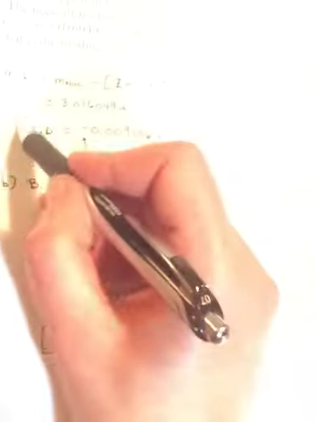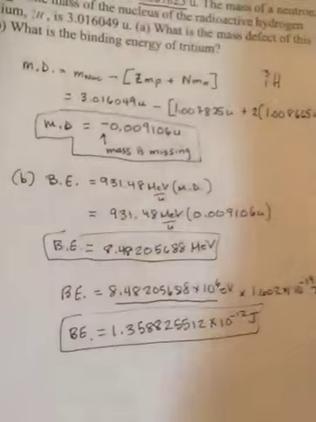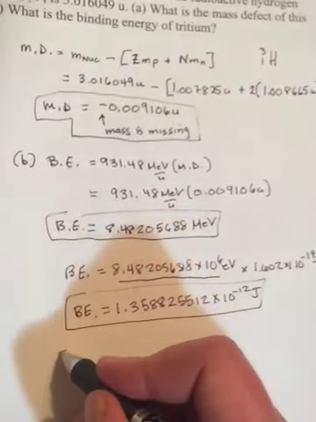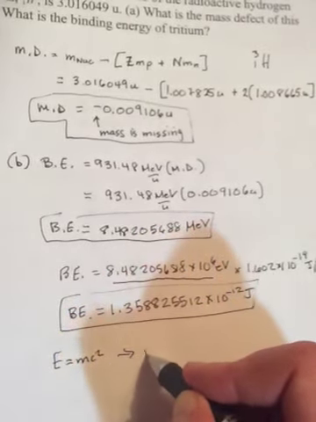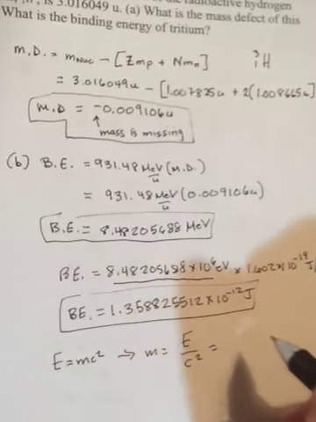We have our mass defect in U. Now we want it in kilograms. How do we get it in kilograms? Use E equals mc squared. So m will equal that E you just found divided by c squared.